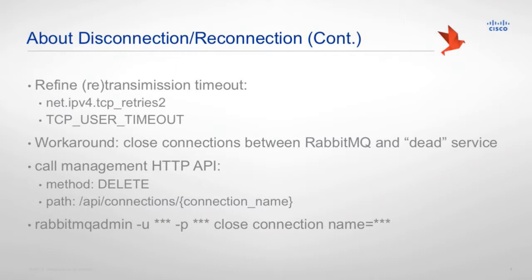The IETF RFC recommends that the retransmission timeout should be no less than 100 seconds. That is about 8 retransmissions. So you can set tcp_retries2 to 8, but in reality you may even lower that number. It totally depends on your test results.